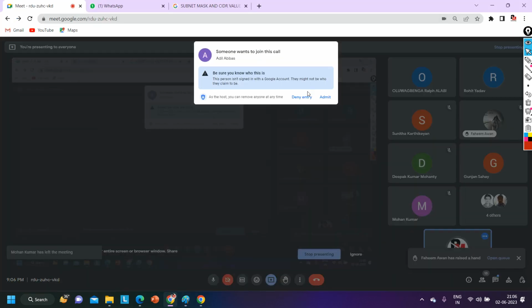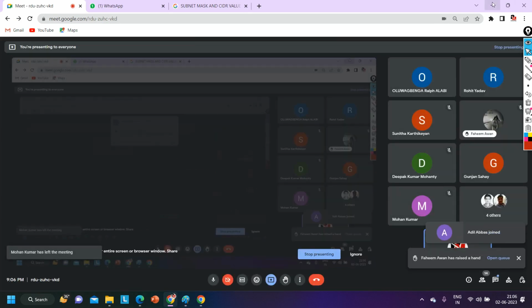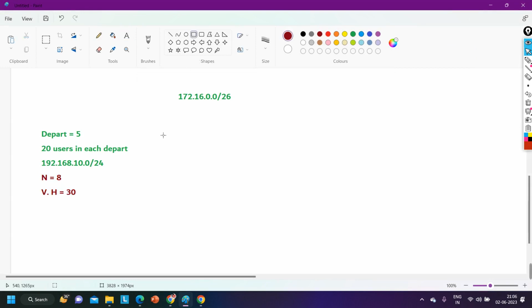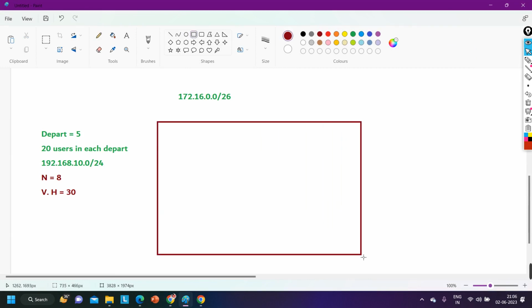Your requirement is fine. Yes or no? Like this you will perform subnetting. Now suppose you are a network engineer in an organization, and they have 5 departments.